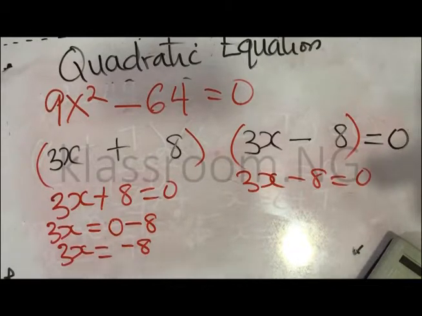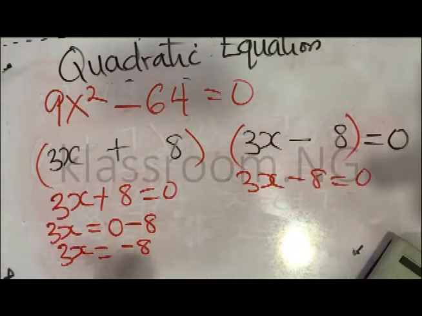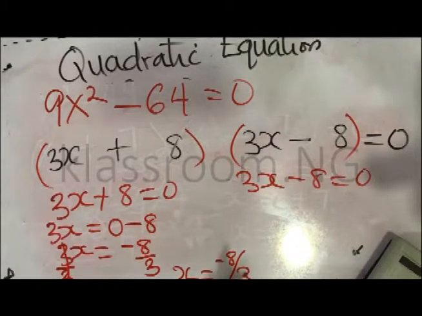We need the x to stand alone. So how do we get this? We're going to divide by the coefficient of x. Now the coefficient of x is 3. So we divide by 3, divide by 3. So 3 will cancel and you have x equal minus 8 over 3.